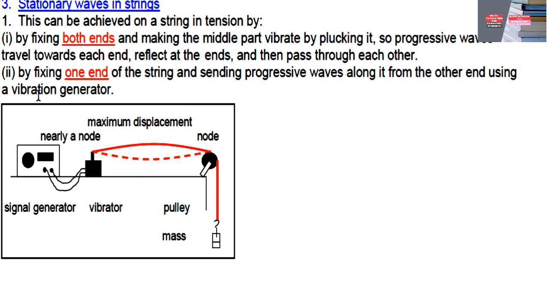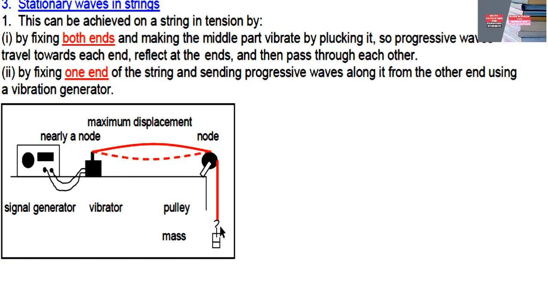a vibration generator. Okay, so here we've got a signal generator connected to a vibrator. The vibrator moves up and down, up and down. Then when this happens, the string starts to vibrate to form a progressive wave. Now there's going to be a reflection over there of the progressive wave, and then the superposition of the two waves results in a stationary wave.